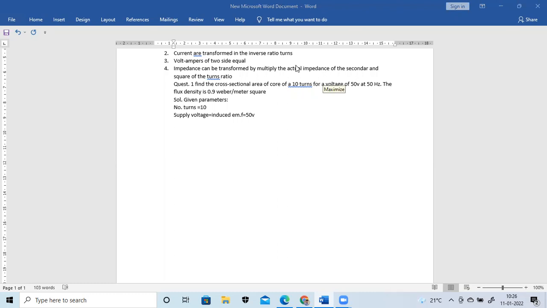Process 2 is called secondary, and this is process 1.